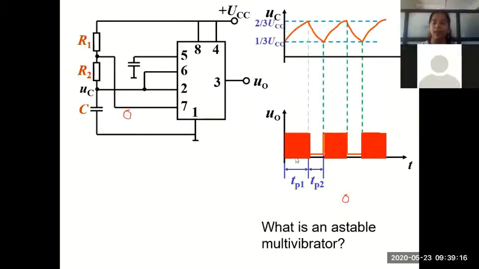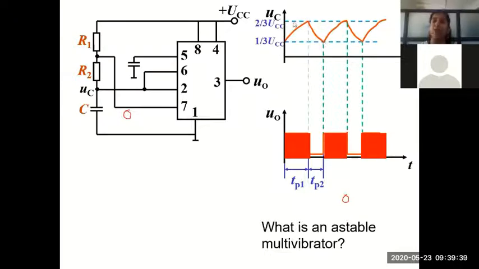Anyway, as you can see in the waveforms of this circuit, whenever the output is in logic high, the capacitor is charging, and the capacitor can charge between 1/3 and 2/3 VCC. And whenever the output is in low state, the capacitor is discharging, and discharge also should happen between 2/3 and 1/3 VCC.